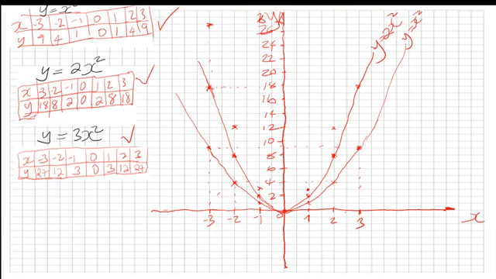When x is 3, we get 27. 27 is this line, which means it's here. Okay, so now let us connect the points to have our curve. So this is it.